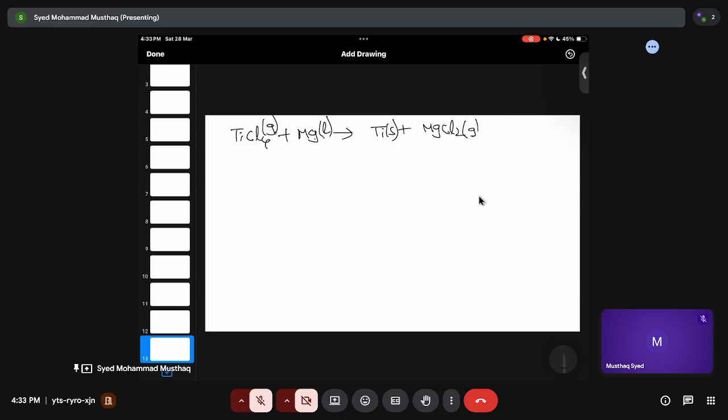In Kroll's process, we use magnesium as a reducing agent rather than sodium. If you use sodium, that process is called Hunter's process. So one is Kroll's process and one is Hunter's process, and in Kroll's process we use magnesium as a reducing agent. Magnesium is more efficient because of the temperature range where we can work.